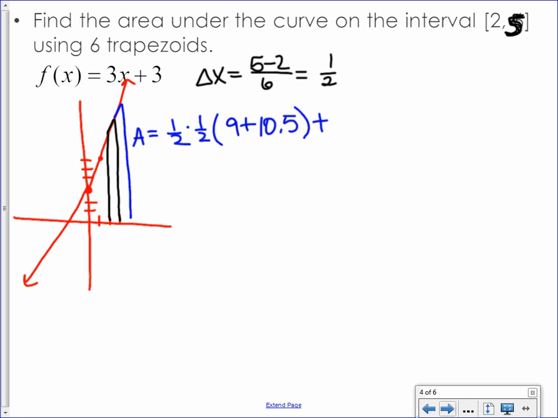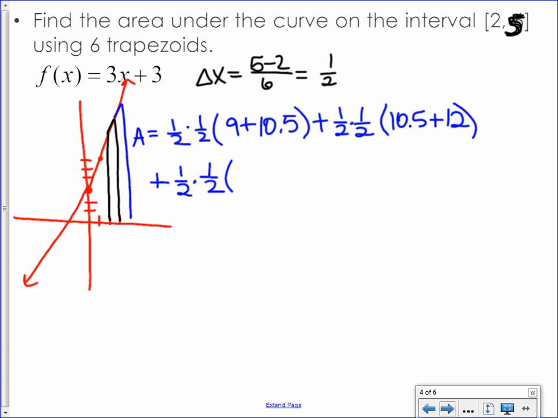Plus, we're going to go to our next trapezoid. We have 1/2 times the height of 1/2 times our bases. So at 2.5, we're at 10.5. What about at 3? Okay. Plus our next trapezoid, 1/2 times the height times the sum of our bases.